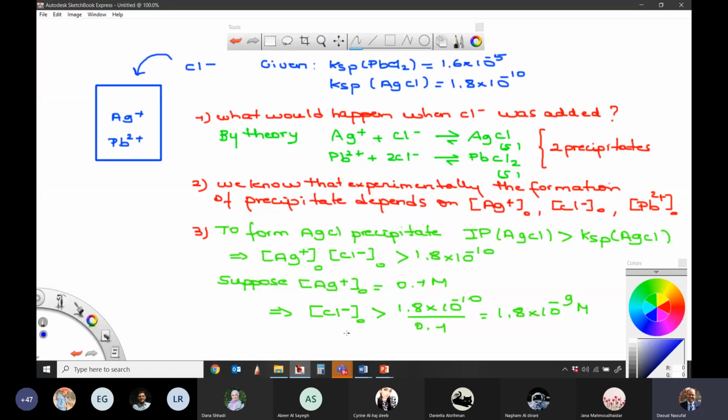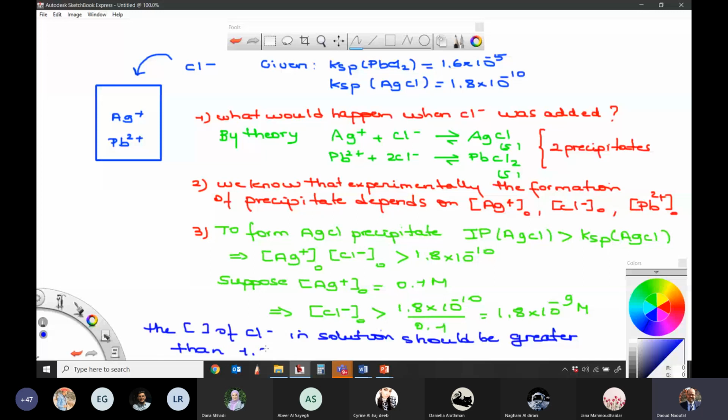In other words, the concentration of Cl- in solution should be greater than 1.8 10 minus 9 in order to precipitate Ag+.